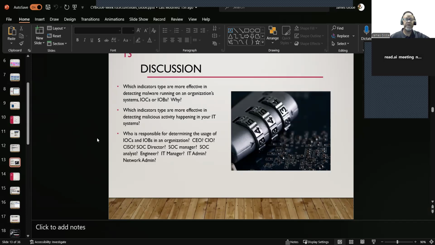And then who is responsible for doing the UEBA process of determining what's norm and then what's anomalous? That's a technical task, so it probably would fall to the SOC manager and IT manager to work together with engineers to come up with triggers for anomalous behavior.